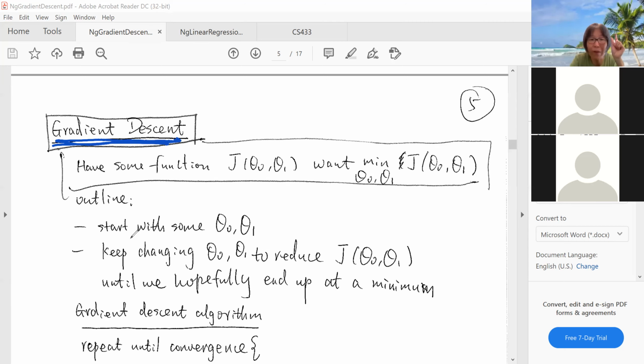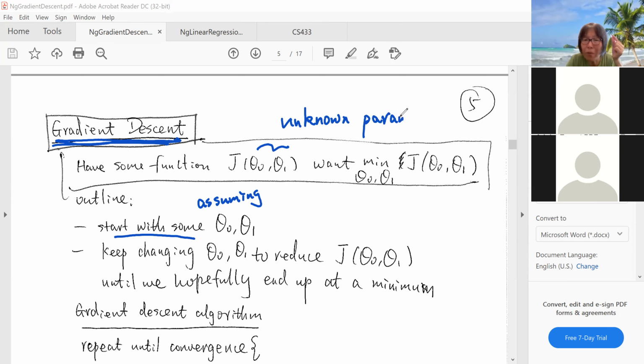The concept is you start with some assumed value, not the real one, because that's the goal. These two are unknown parameters, and we want to know those two values, so we can start with some initialized value.